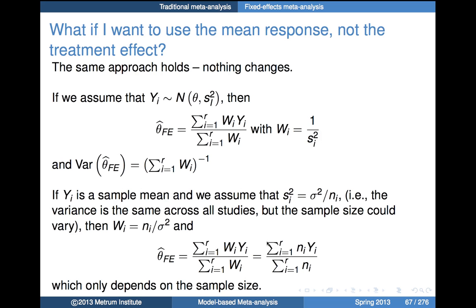So with mean response values, under this assumption that the variance is constant across all of the studies, our estimated average simply becomes something based on sample size rather than on standard errors of the estimates.